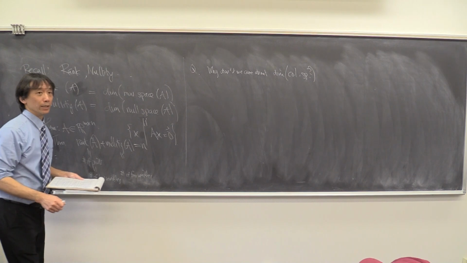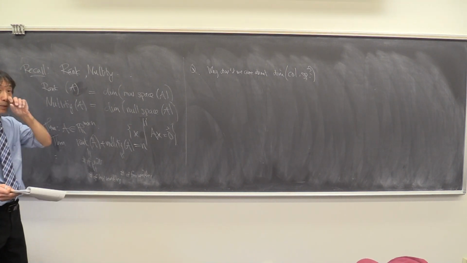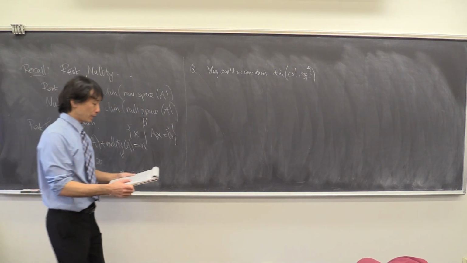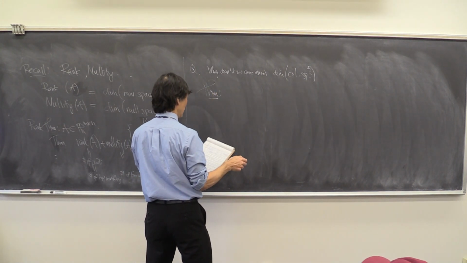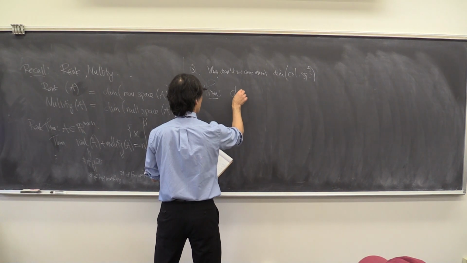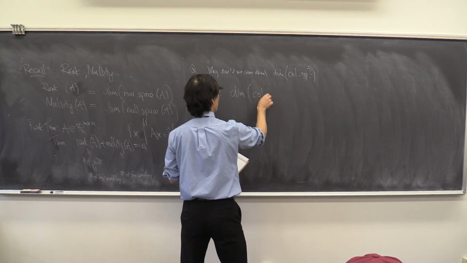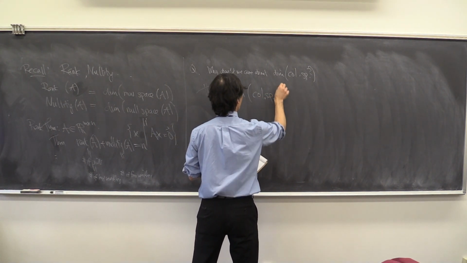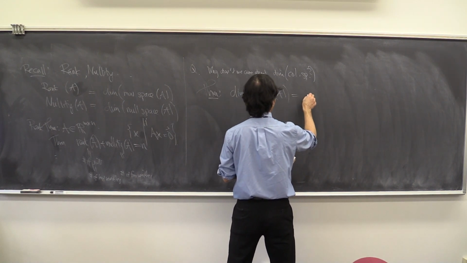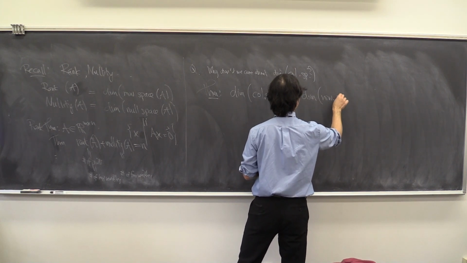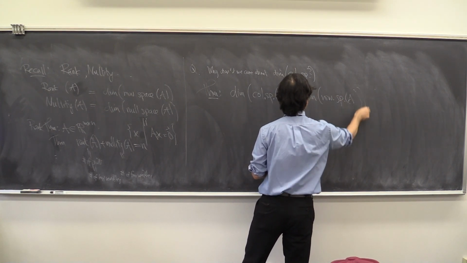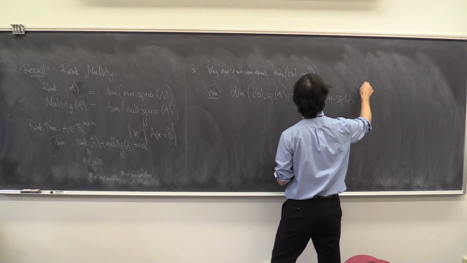And the reason is that the dimension of the column space is actually the same as the dimension of the row space. So let's explain why. The dimension of the column space of A is the same thing as the dimension of the row space, namely the rank.